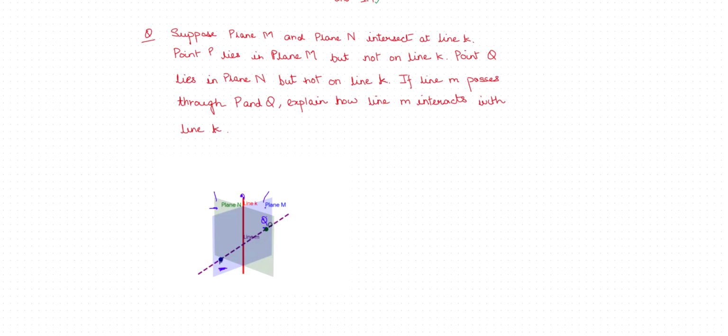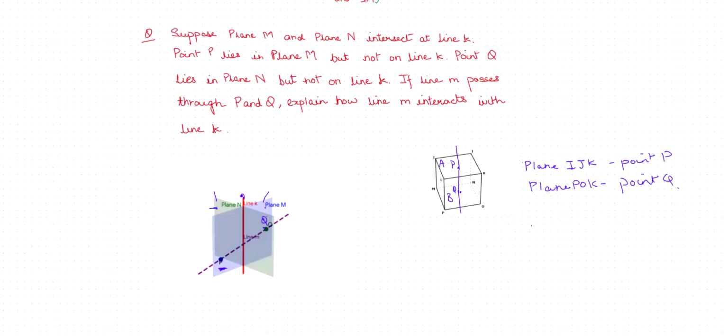Now there is line M which passes through P and Q. Explain how line M interacts with K. Plane M and plane N are different planes, and this problem is the same as in this cube, if it is easier to understand. Plane IJK has a point P, suppose, and another plane has a point Q. If we connect them, how will it interact with line LK, which is this line?